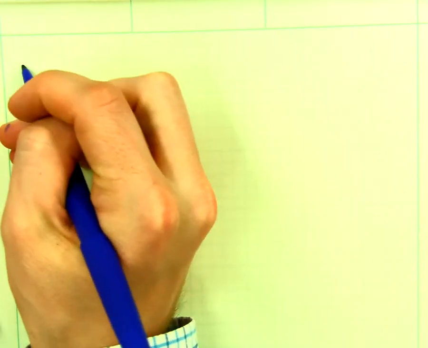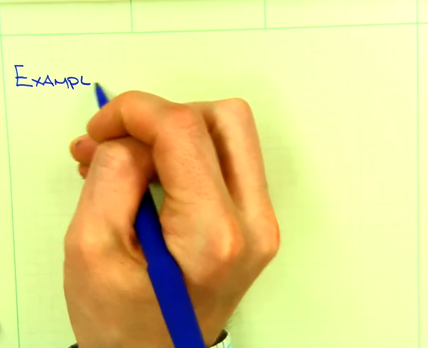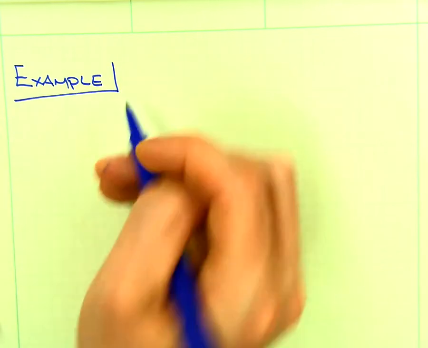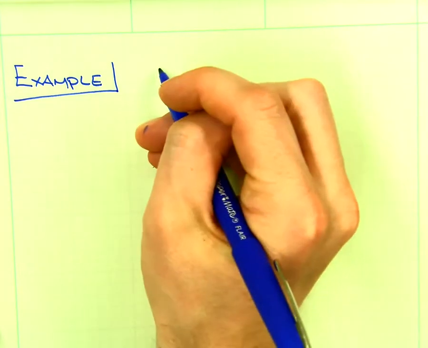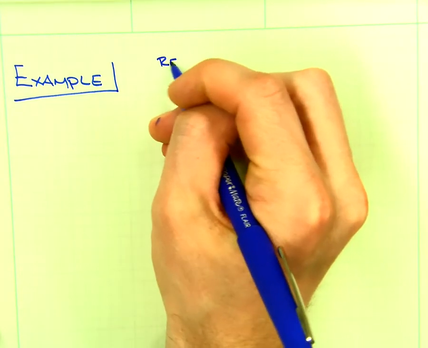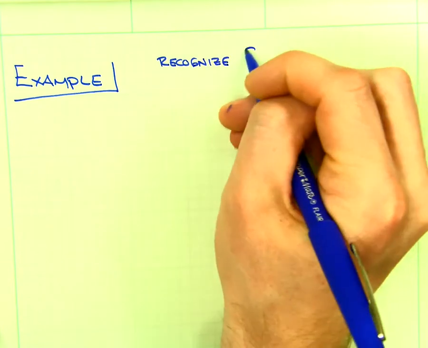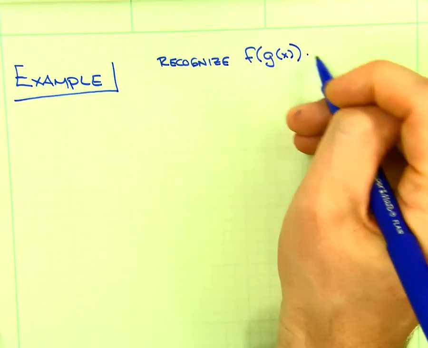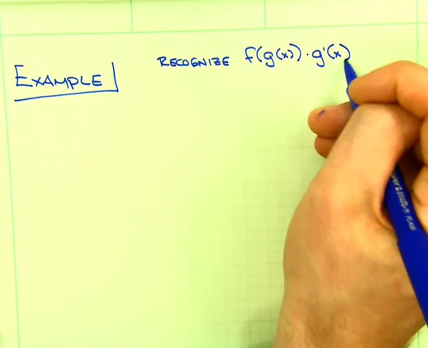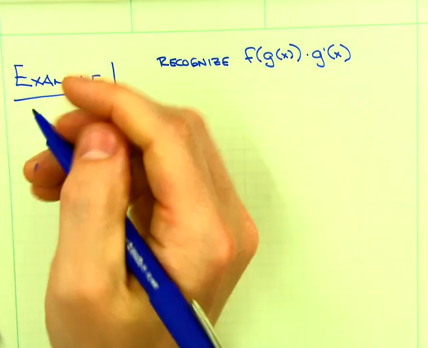So, example the first. I want you to recognize this. We're trying to recognize this f of g of x times g prime of x pattern, trying to get an idea of what this is.